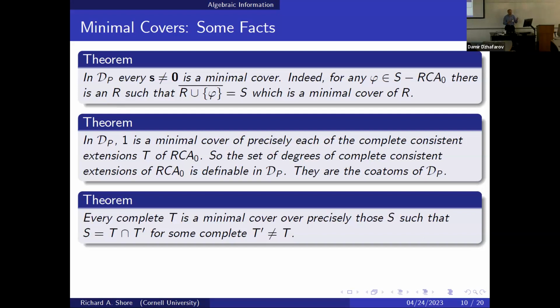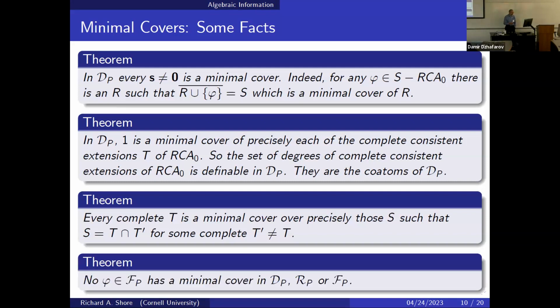This is all chasing the algebra and the predicate logic kind of things. Now, if you look at the finitely axiomatizable theories, none of them has a minimal cover. This is again a Gödel type result.